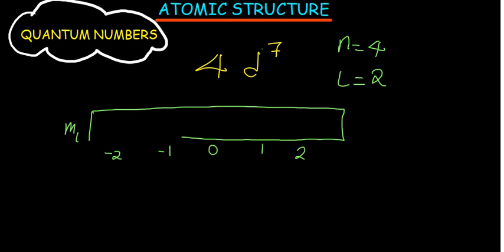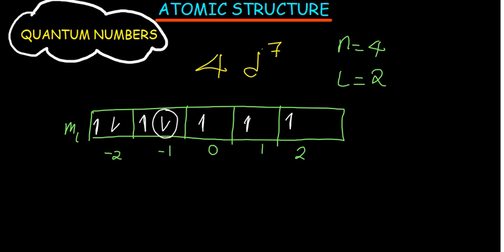The d orbital has 5 suborbitals, as you can tell from the 5 ml numbers. For the 4d7 electrons, we start filling with spin up, 1, 2, 3, 4, 5. We are remaining with 2: 6, 7. This is the electron we are referring to. That means ml is negative 1, and ms, the spin, is pointed down, so it is negative half. So these are the 4 quantum numbers of the 4d7 electron.